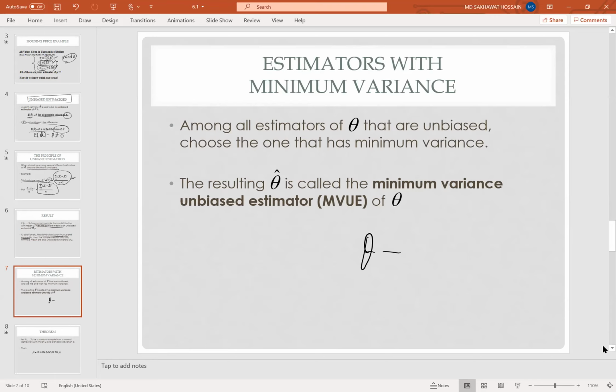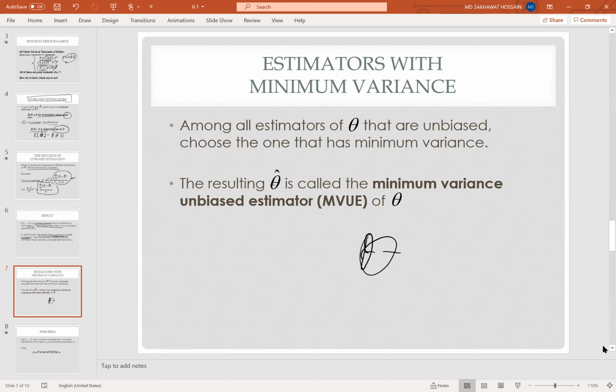So we want to estimate so that the estimate is very close to theta. That means we want to minimize the variance between our estimator and our parameter theta. And the resulting estimator is called the minimum variance unbiased estimator.